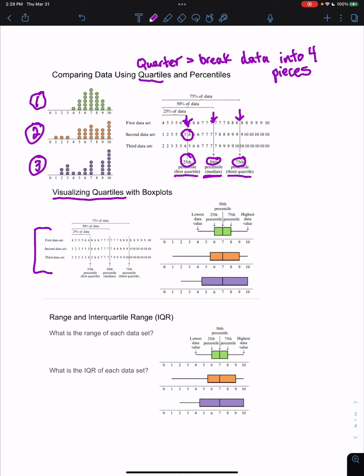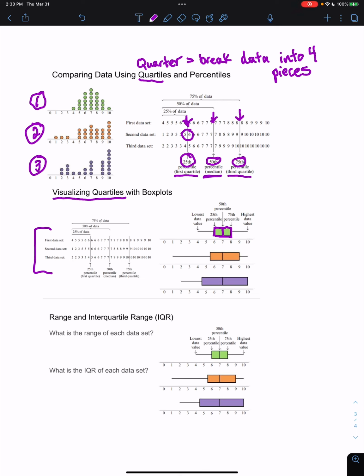So we can draw them as a box plot. And to draw a box plot, we're going to make a box. The starting point of the box is at the number represented by the 25th percentile. The back part of the box is at the 75th percentile. And then the middle of the box is at the 50th percentile. And then we just connect them to make them into a box.